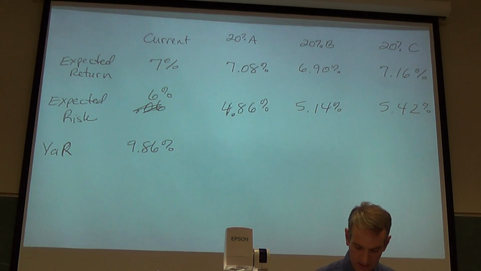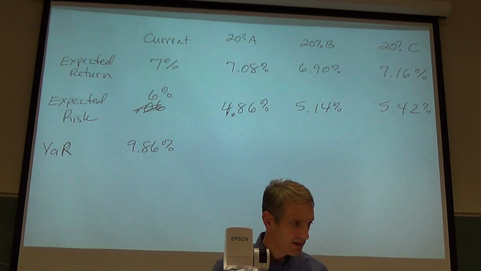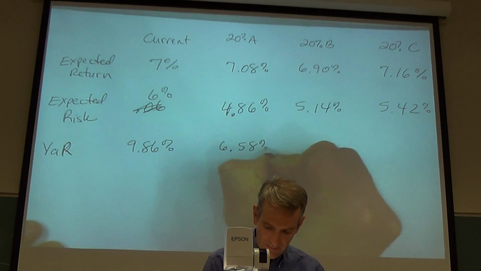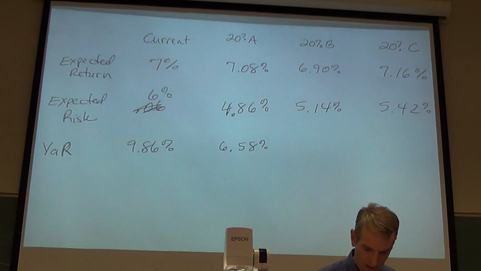The next one is a mean of 0.0708 minus 2.81 times 0.0486. And I get 6.58. Again, y'all stop me if you get a different answer. The next one is 0.069 minus 2.81 times 0.0514.